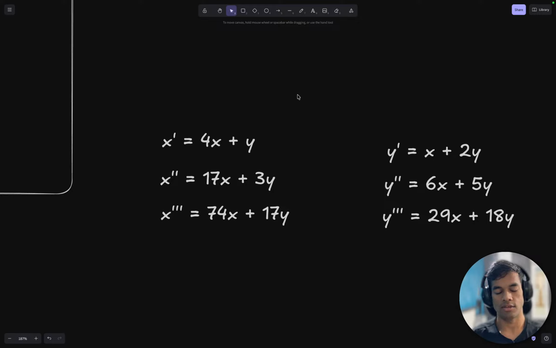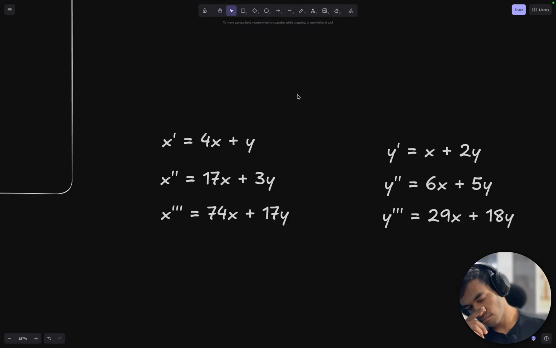What is 17? No, 17 squared would be a big number. What is 4 into 17? Yes, 4 into 17 would be 68, like we calculated earlier. 68 plus 6. 4 into the original value, the initial value, which is 1.